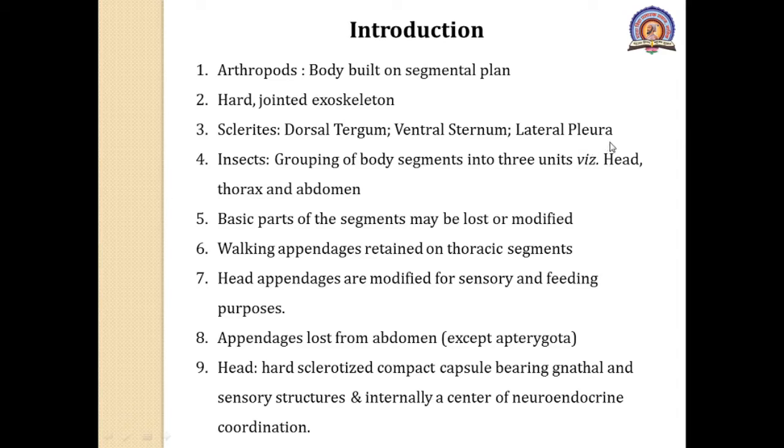So in this way, the whole body of the insect consists of three sclerites: tergum from the dorsal side, sternum from the ventral side, and the tergum and sternum are interconnected with one another by membranous pleurites. In insects, the segments are grouped into three units.